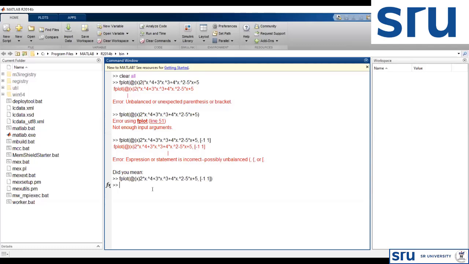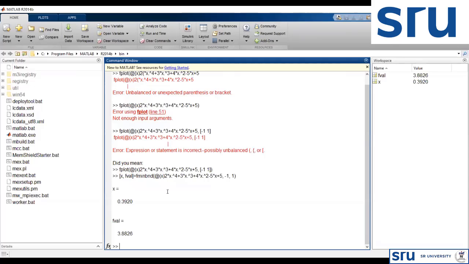After that, just go to the command: x comma fval is equal to fminbnd, then your function value, then minus 1 comma 1, bracket close.